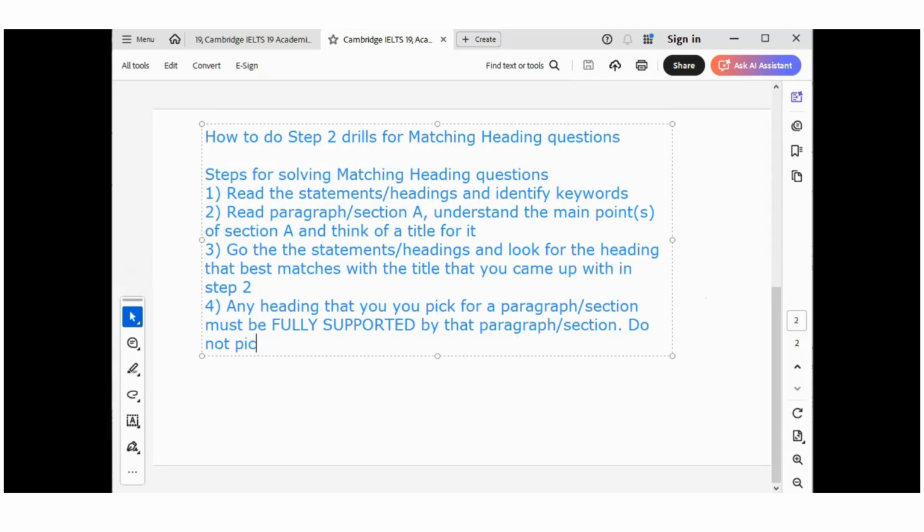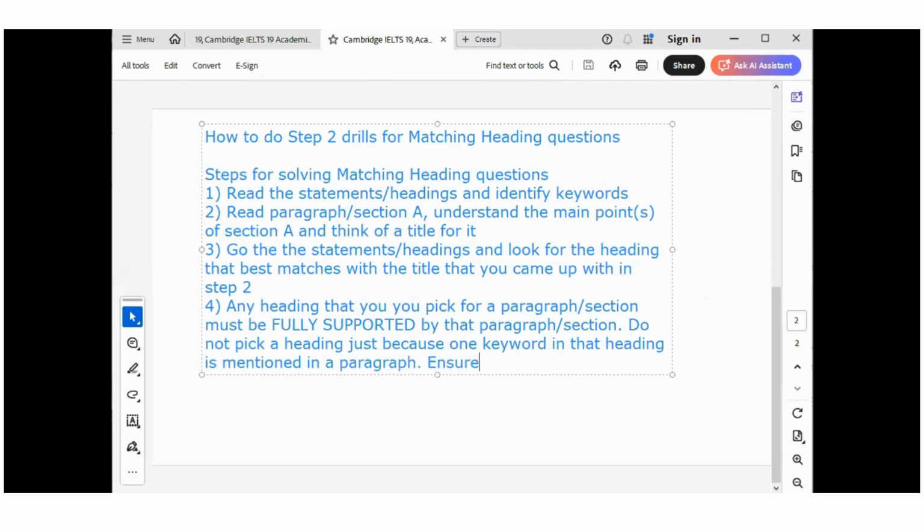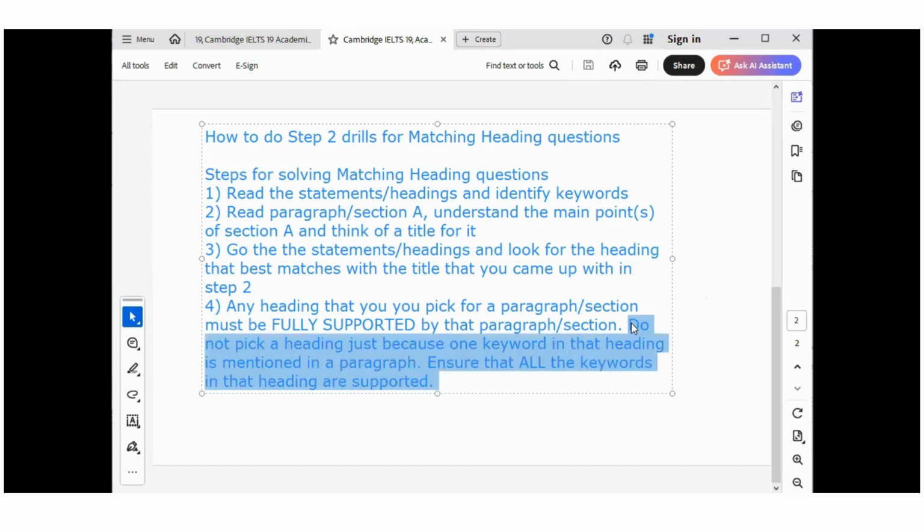Do not pick a heading just because one keyword in that heading is mentioned in a paragraph, ensure that all the keywords in that heading are what? Supported. Okay? This is extremely important. This final point that I wrote here.